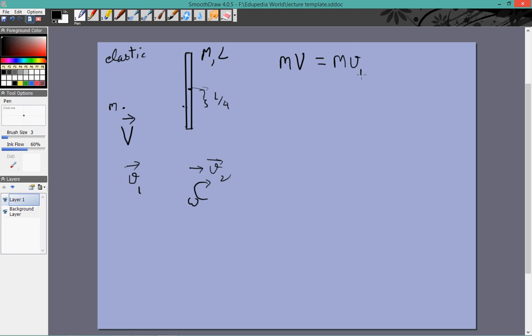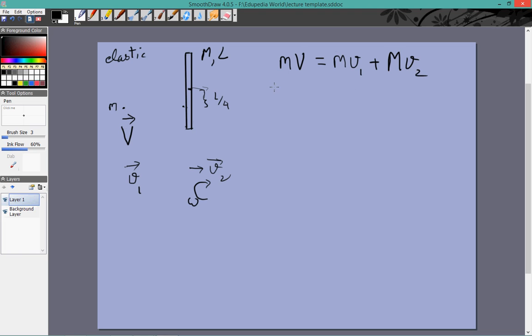I would take minus mv1 if I took v1 to be towards the left, but I've assumed it to be towards the right. Plus, what is the linear momentum of this rod? Now this rod has a complicated motion, but we derived a result in center of mass even before we started rotational motion that the linear momentum is always equal to the mass times the velocity of the center of mass. That had nothing to do with rotational motion. So we can write it as capital M V2. So this is our first equation.